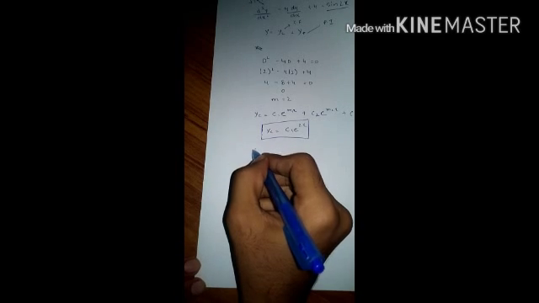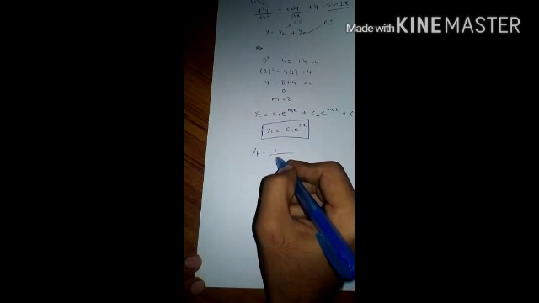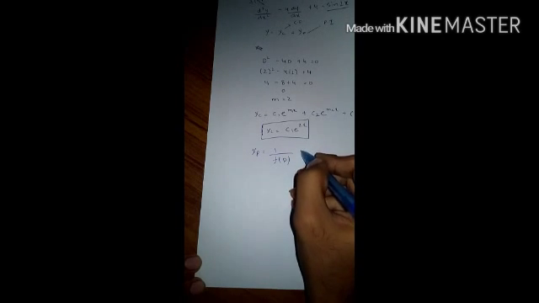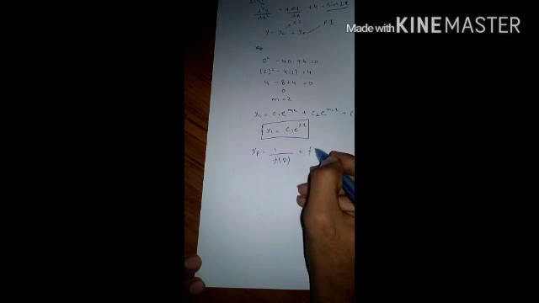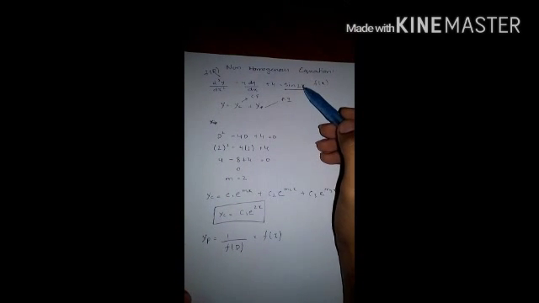Now we'll go to the main part, yp. For yp, a formula is given: 1 upon f of D into the function of x. So what is f of D? This is f of D. We are going to replace it, and this is a function of x, as I have told you before.